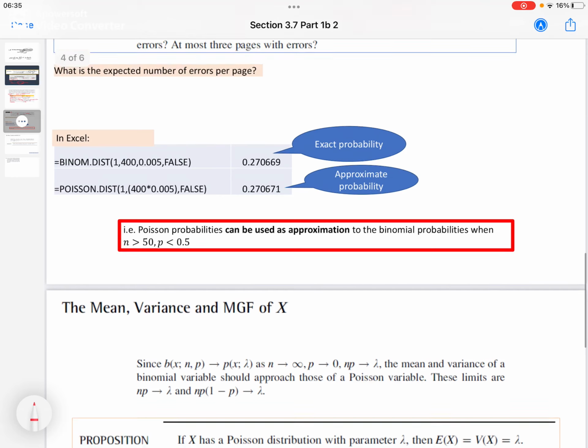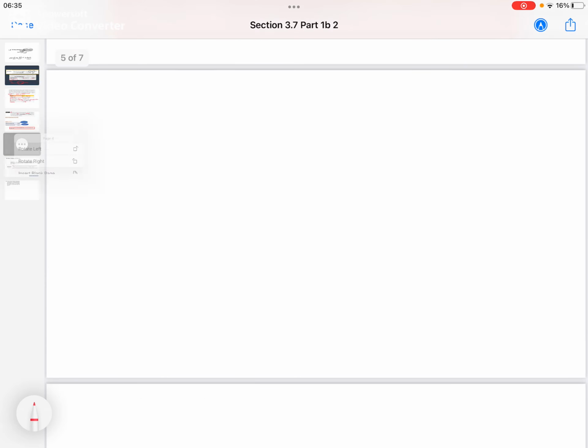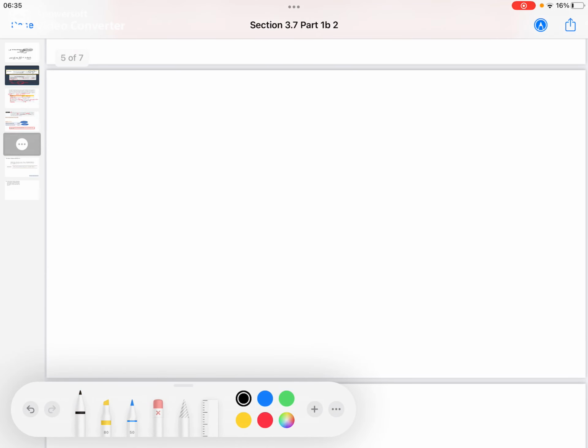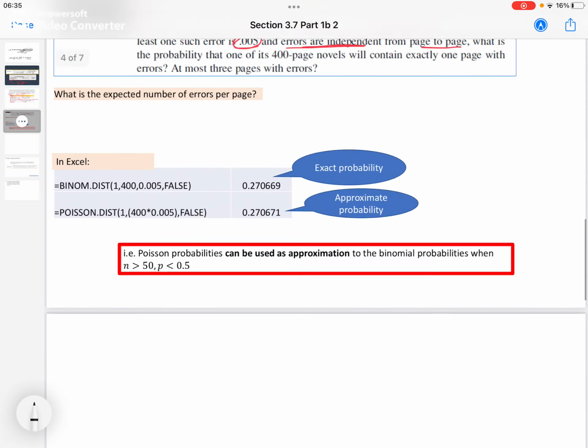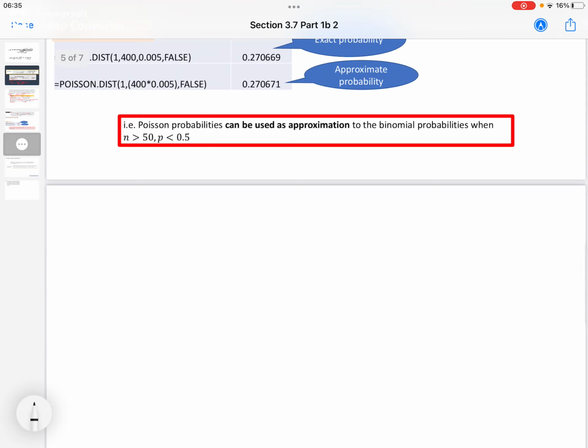All right, so here we are given the following. We are told that the probability of observing an error on one page is 0.005.